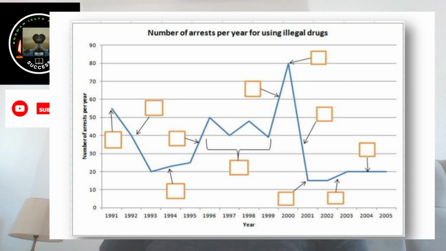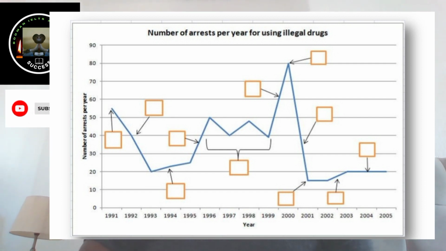It plunged to 15, or it fell significantly to 15 in 2001, and then remained constant till the following year before increasing slightly to 20 in 2003. The number then flattened off or remained unchanged till year 2005.